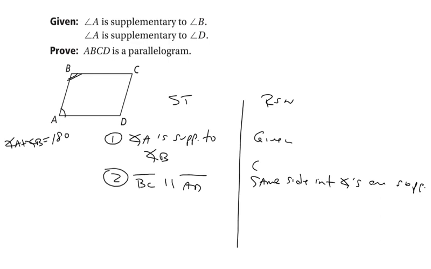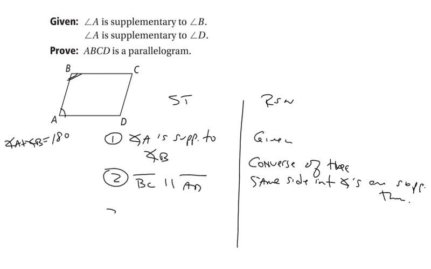You can say the converse of the same side interior angles are supplementary theorem, right? In other words, if two same side interior angles are supplementary, the two lines being cut by the transversal are parallel. Let me see if I can write this more neatly: converse of the same side interior angles are supplementary theorem.